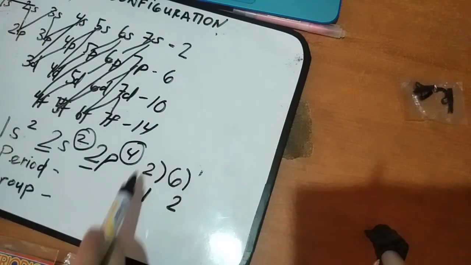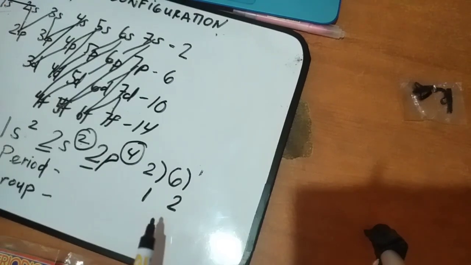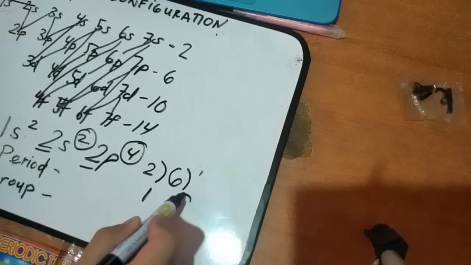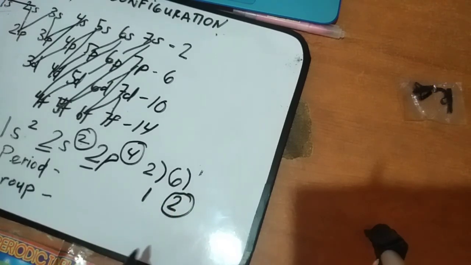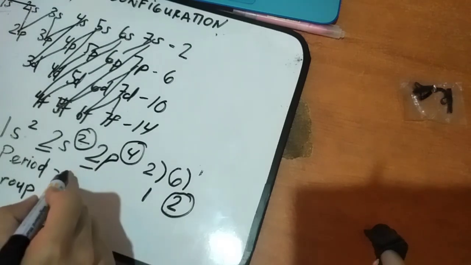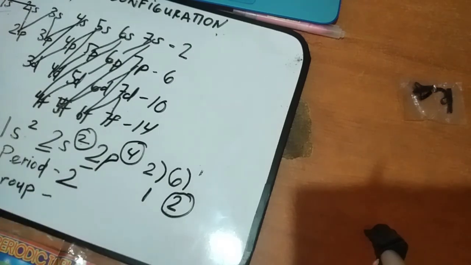So, kapag ginawa natin tong cloud model, makikita mo agad kung ano yung period at group. The number of subshell would be your period. So, ang period niya ay period 2. Okay? So, kung ano yung maximum na reach na subshell, ayun ang period.